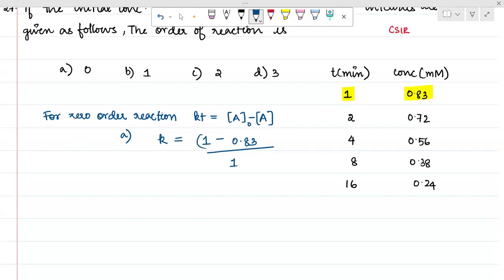Okay. So the units are, this is millimolar and this is minute. So what do you get? 1 minus 0.83 divided by 1. So you will get 0.17 millimolar per minute as your rate constant.